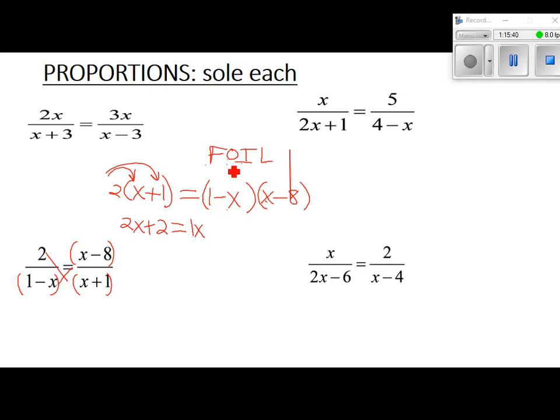We do the outer terms, that's the 1 and the negative 8, so that's negative 8. We do the inner terms, negative x times x, which is negative x squared. And then we do the last terms, negative x times negative 8, which is positive 8x.